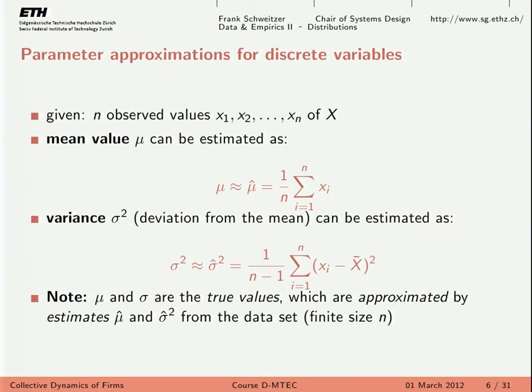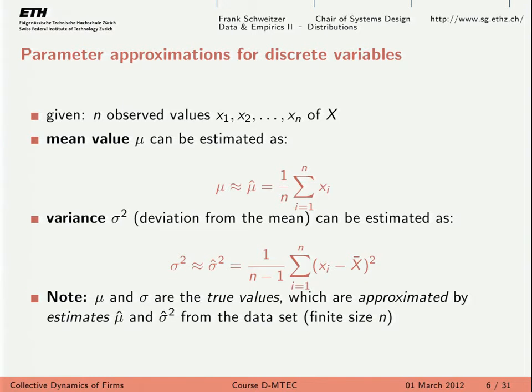One is called the mean value mu, and the other one is called the variance sigma square. The issue here is that I do not know the mu, and I do not know the sigma square. All I know is a sequence of empirical observations, and then I have to calculate the mu and the sigma from these empirical observations. And that's described here on this slide.